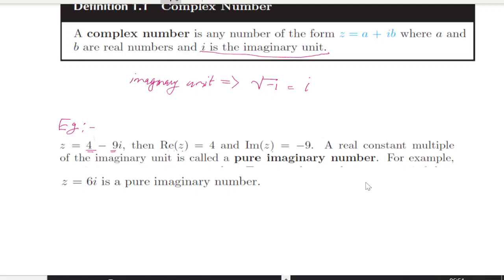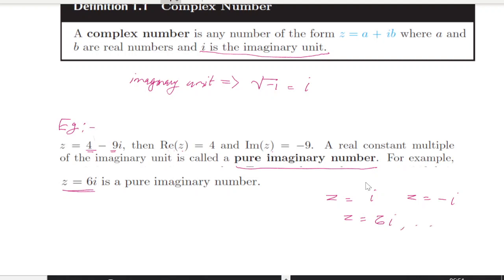Next, a real constant multiple of the imaginary unit is called a pure imaginary number. So when you write z equal to 6i, it is a pure imaginary number. z is the usual notation we use for representing complex numbers. So z equal to i is again a pure imaginary number, and so are z equal to minus i and z equal to 6i.